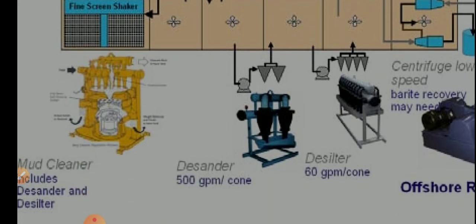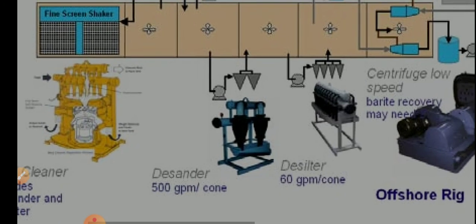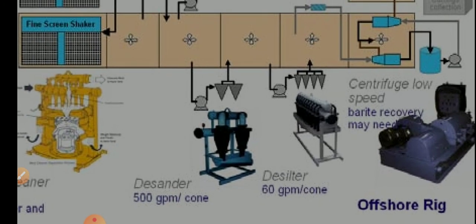In that desander it removes the sand particles which are present in the mud, and per cone it is discharging 500 gallons per minute. The cone is shaped like a cone, and because of that we are removing the weighted particles which are present inside the mud.